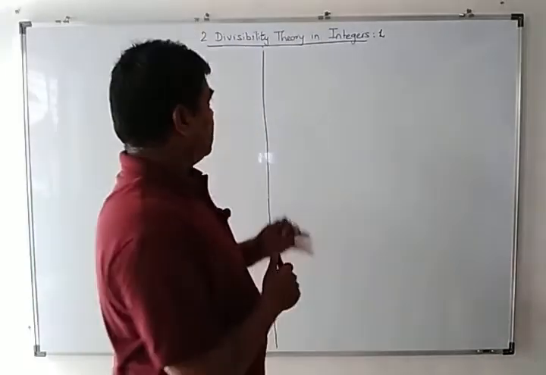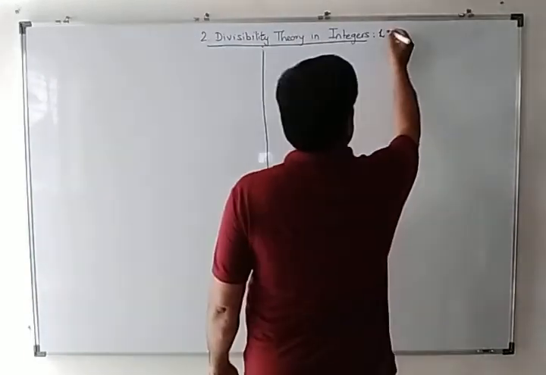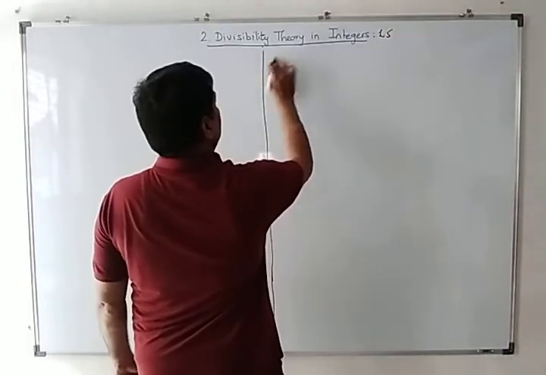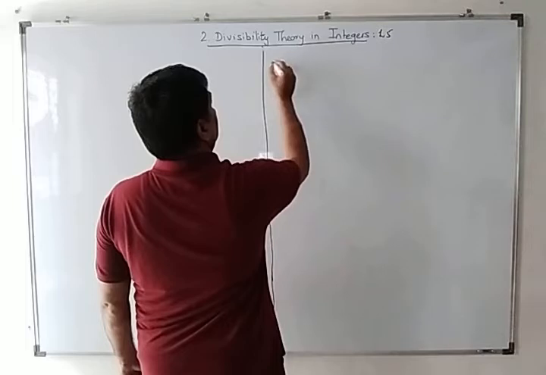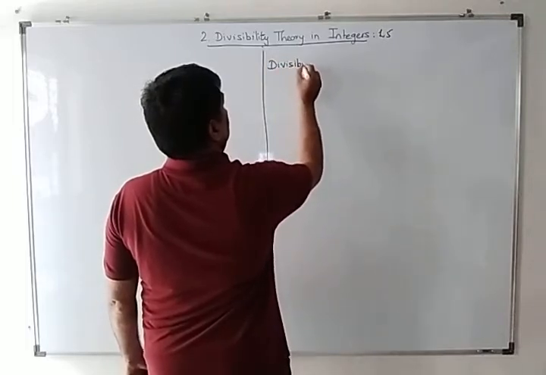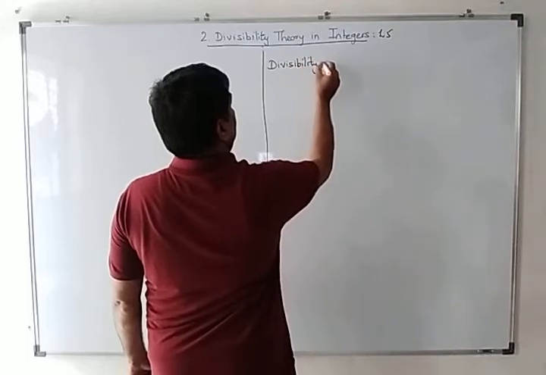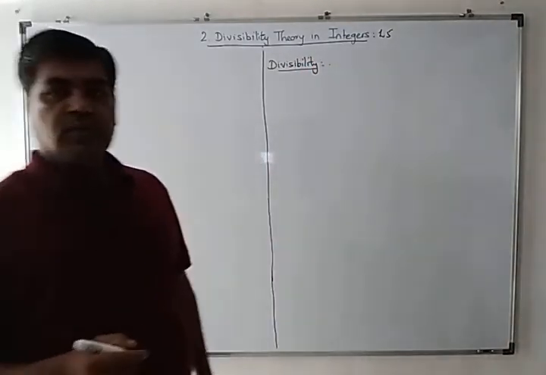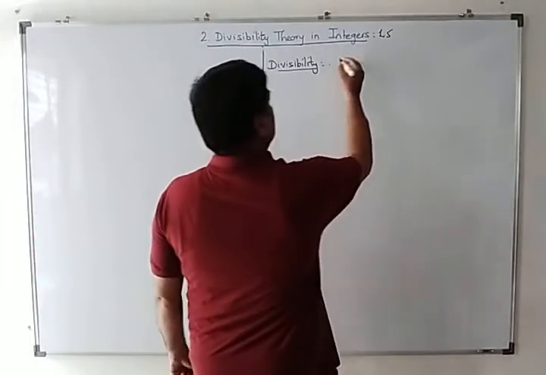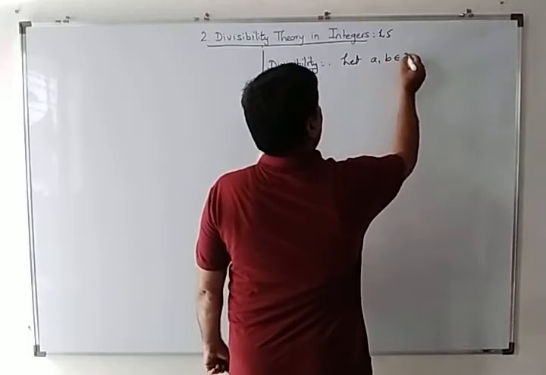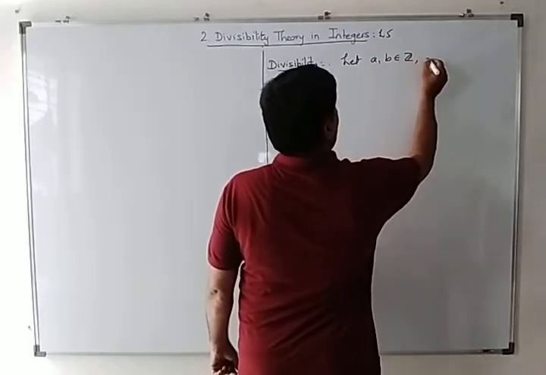So, how can we define divisibility in the set of integers? Take two integers, let a, b belong to Z, and the divisor should be non-zero, a not equal to 0.